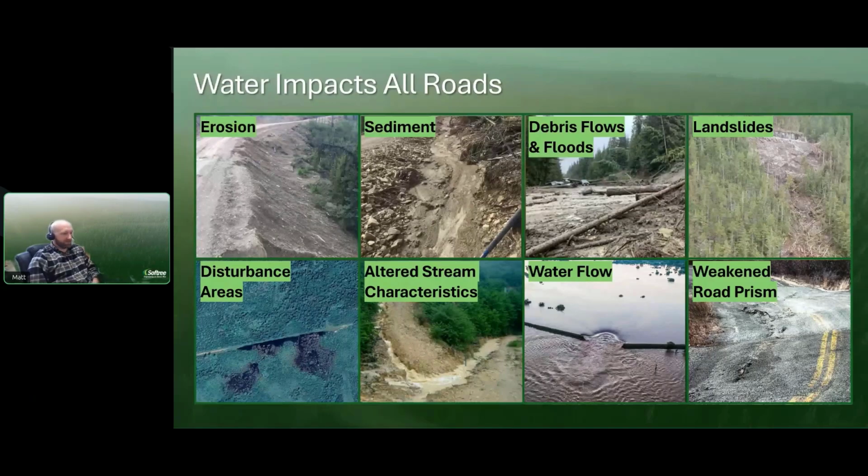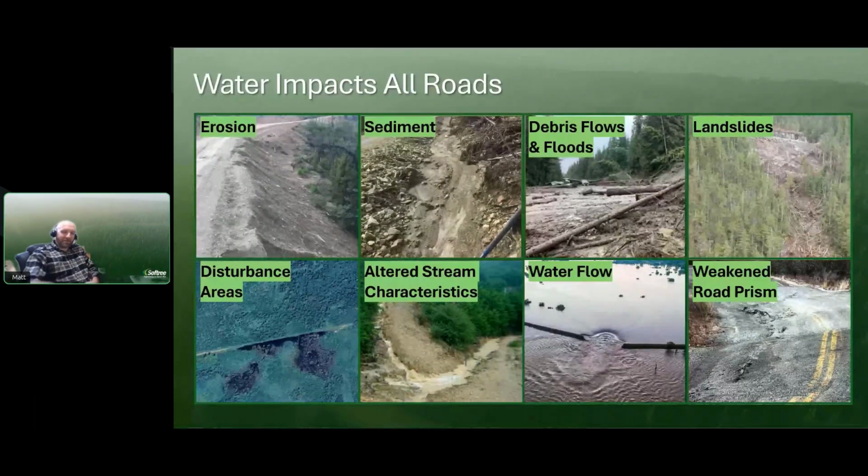It could just be something unspectacular, like a culvert inlet being plugged by a beaver. All of these things contribute to altering stream characteristics and water flow. And then maybe less intuitive, but weakened road prisms can have a water influence in that.